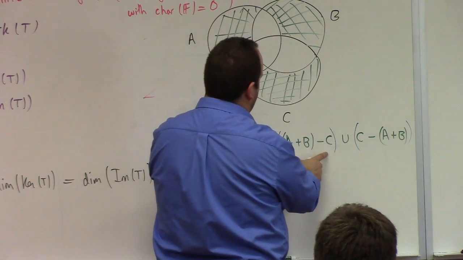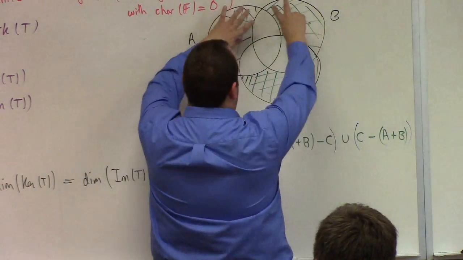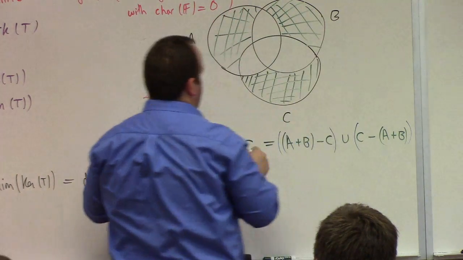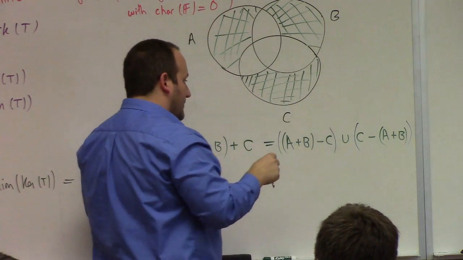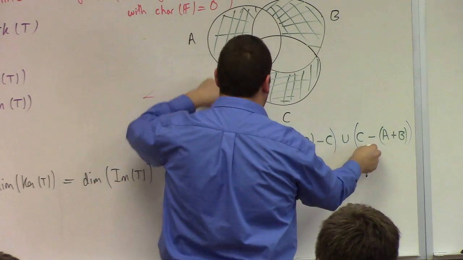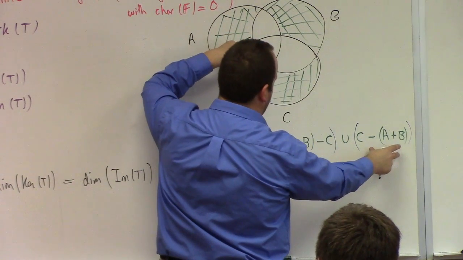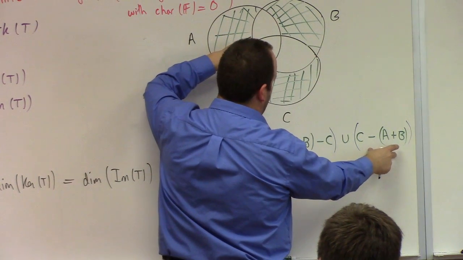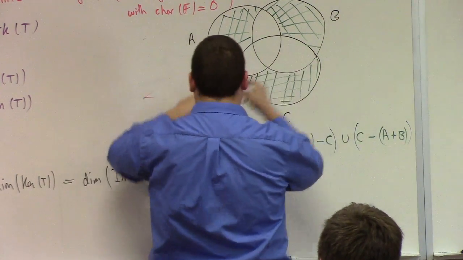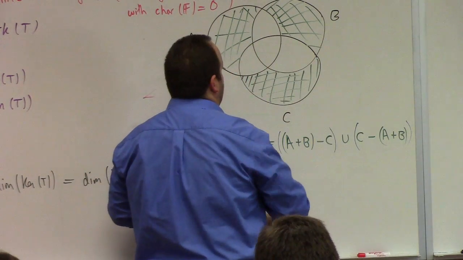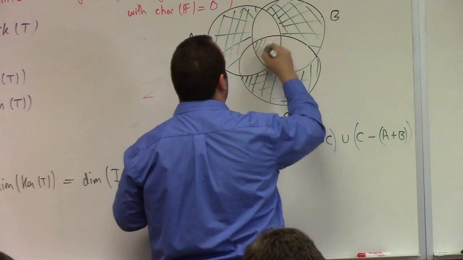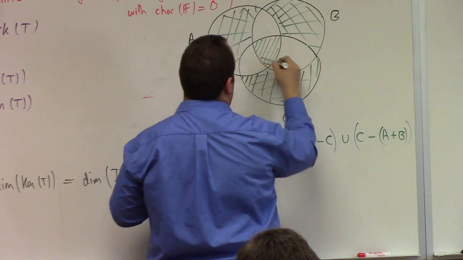First of all, where is this? A plus B removing C is what I have up here, right? It's the top of the overlapping Mickey ears. And then C less A plus B, you're right, that does, we do get this, don't we? Thank you. All right.